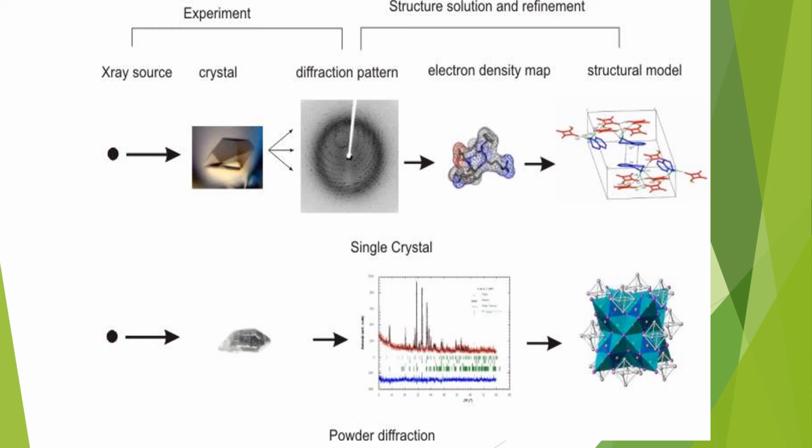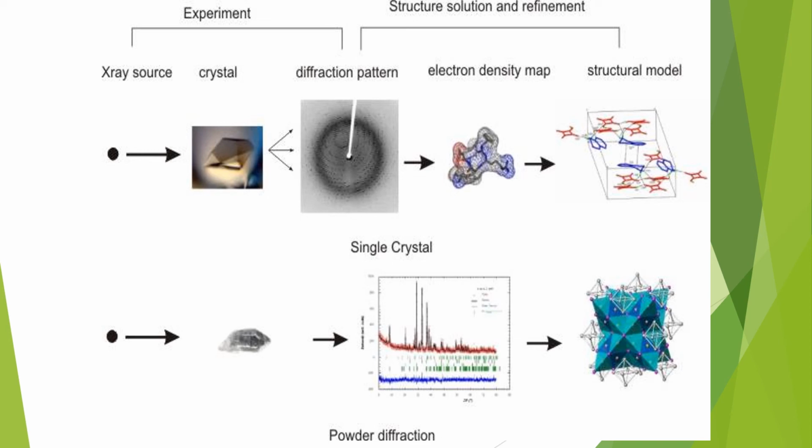After studying this diffraction pattern, an electron density map comes, and that electron density map helps us to determine the structural model of that single crystal.